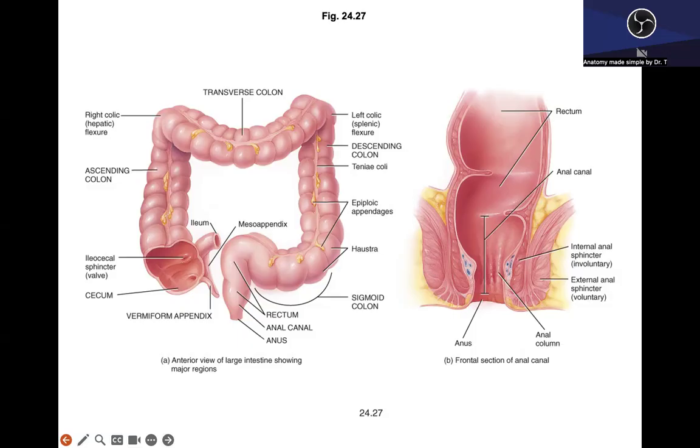Chemical digestion in the large intestine: although the glands of the large intestine are secreting mucus, they do not secrete digestive enzymes. So no enzymatic activity. Chemical digestion is exclusively done by bacteria that reside in the lumen of the colon.